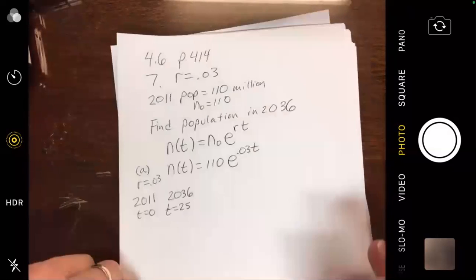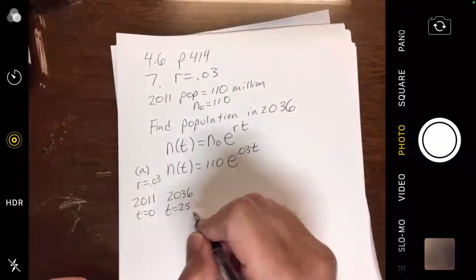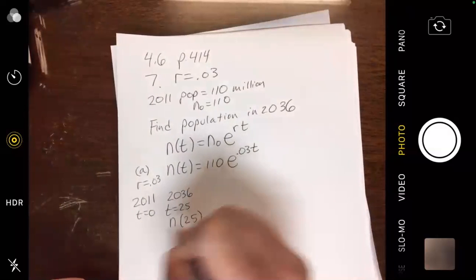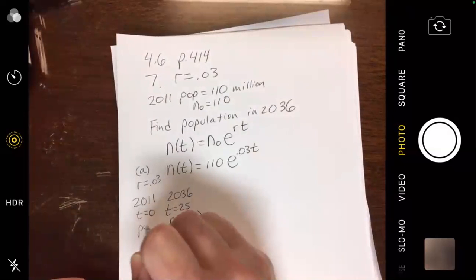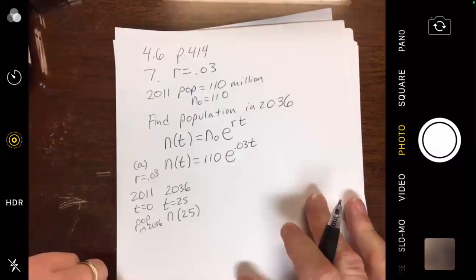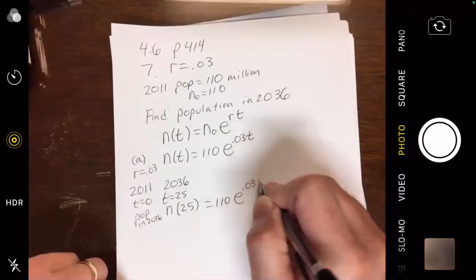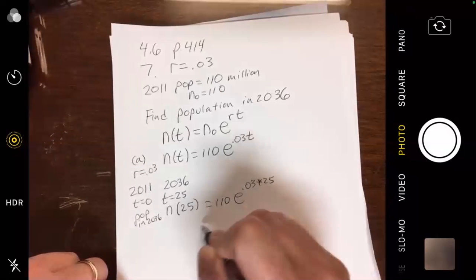All right. So it's just a matter of plugging in 25 for T. So N of 25, and this will be the population in 2036. It would be 110 e to the 0.03 times 25.